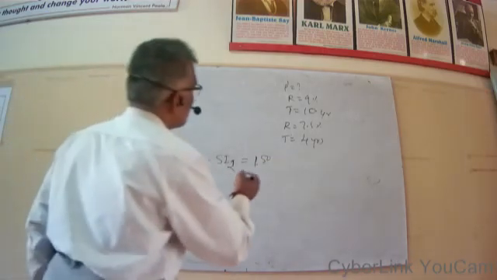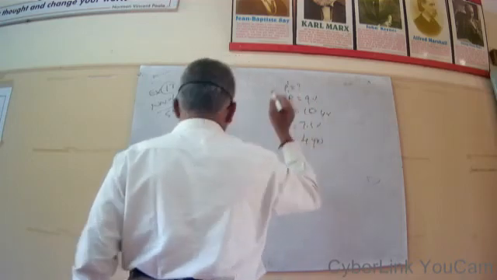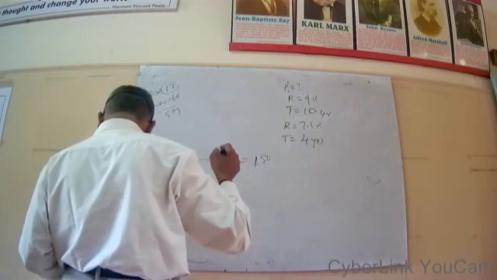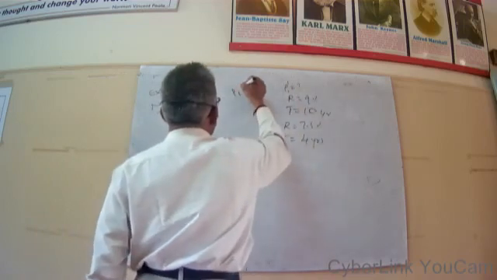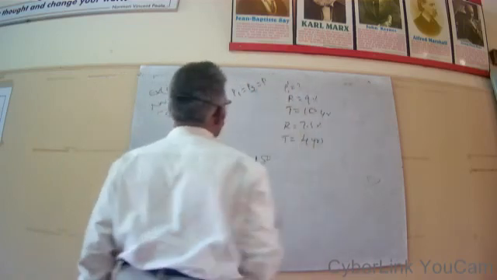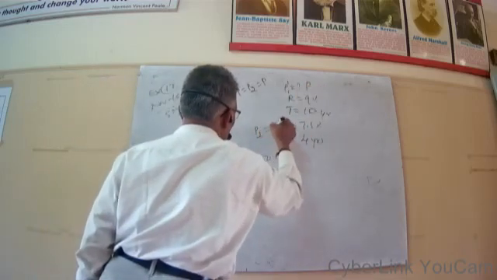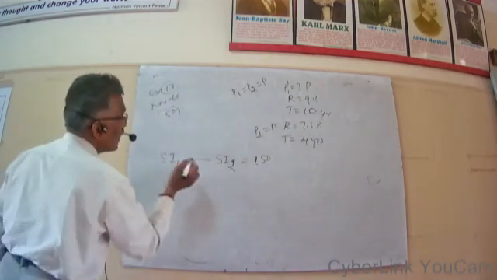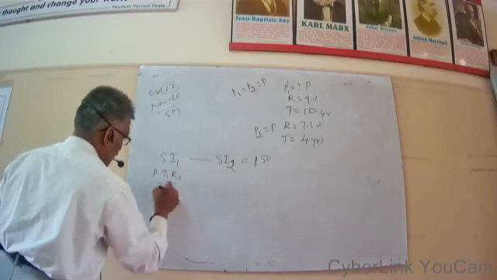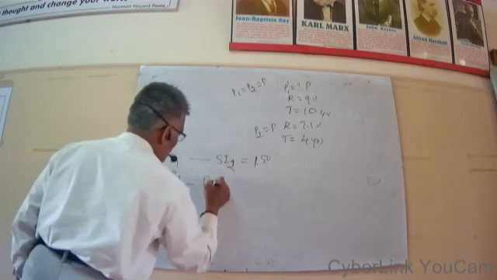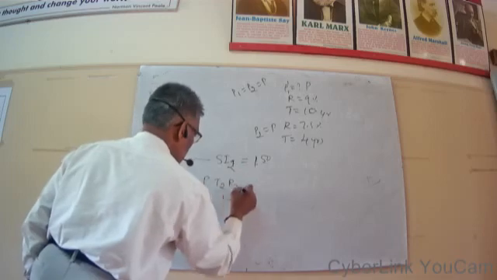So here, what is known, this is P1, not known. It is a sum of money, so the difference between, P is the same. P1 equal to P2 equal to P, you have to take it so. So P1 is P, here P2 is also P. So P into T1 R1 upon 100 minus P into T2 R2 divided by 100 equal to 150.